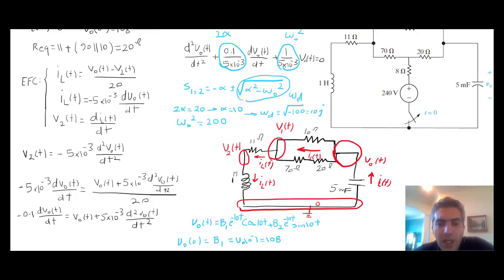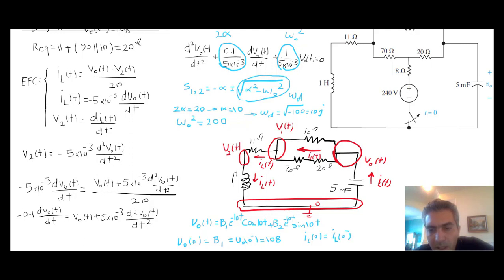Now with that, I'm going to move on to calculating B2, and to do that, I'm going to use the equation for the current of the inductor, which was basically the same current that is going to pass through the capacitor at 0. In other words, IL of 0 is the same as IL of 0 minus.